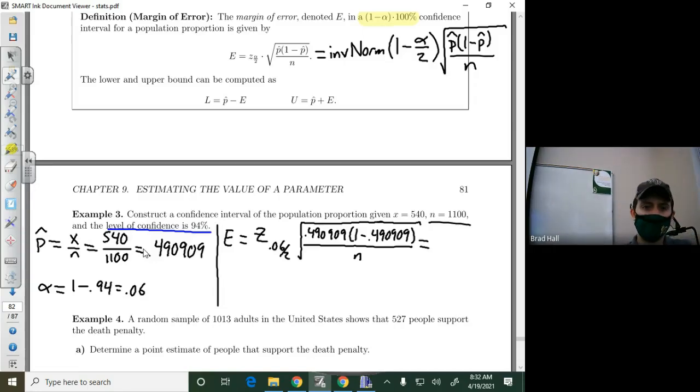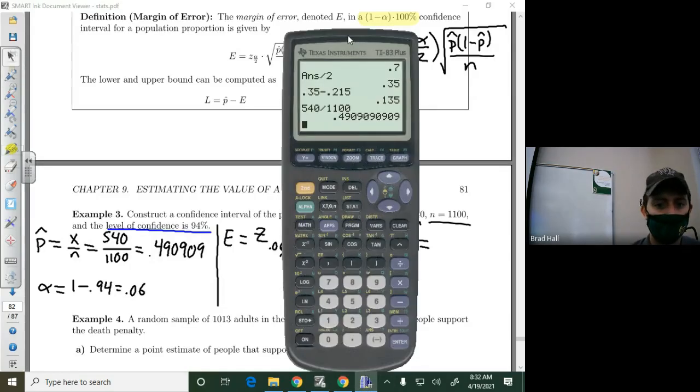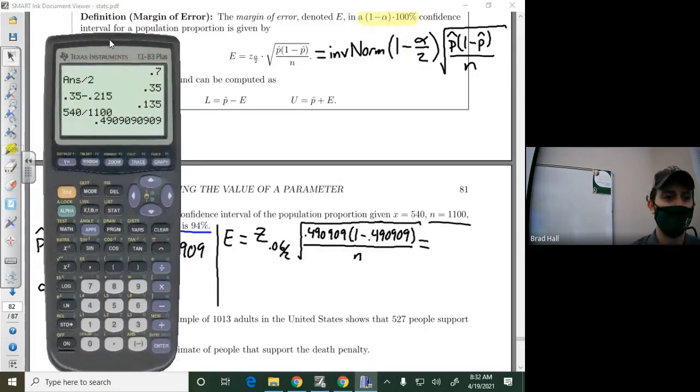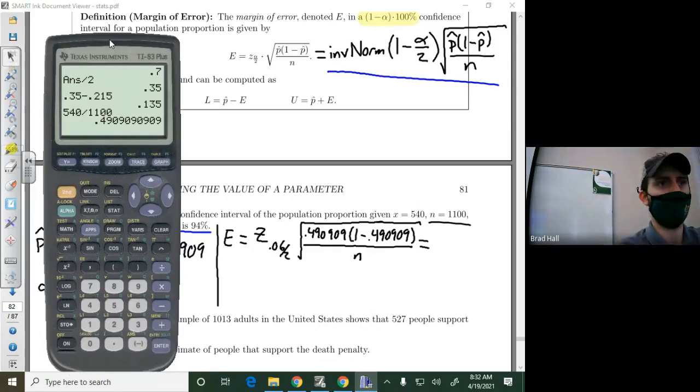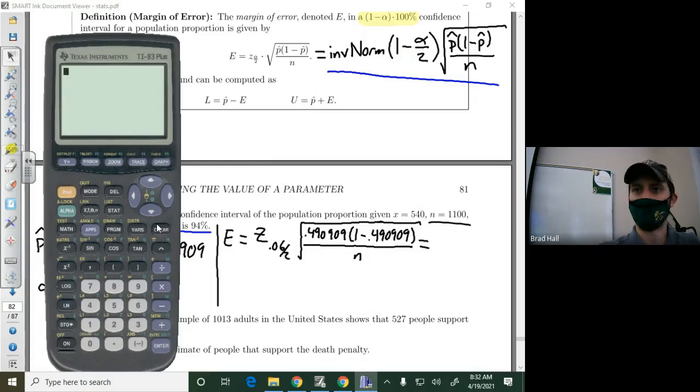And so what I'm going to do is I'm going to put this into the calculator by using the equivalent form that I wrote on the top of the screen using that inverse norm stuff. If you plug it in exactly like that, you should be perfectly fine. This is what I'm going to do. And again, this is on, I think I said page 74 of the notes. You click on second and vars.